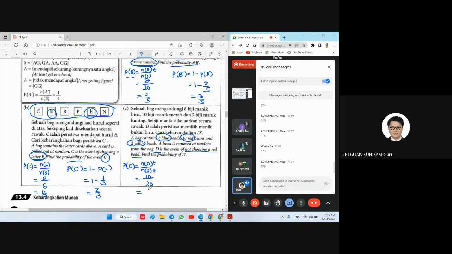So simplify, 10 over 20 is what? 1 over 2.